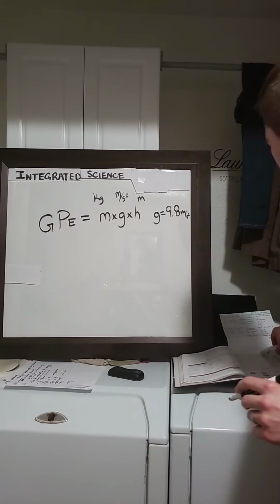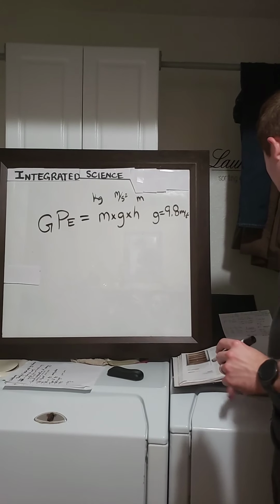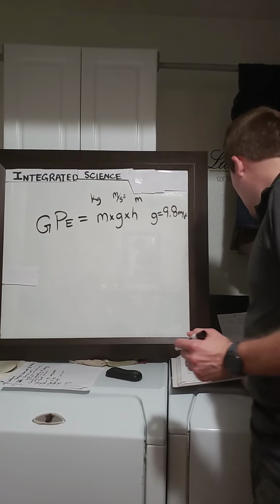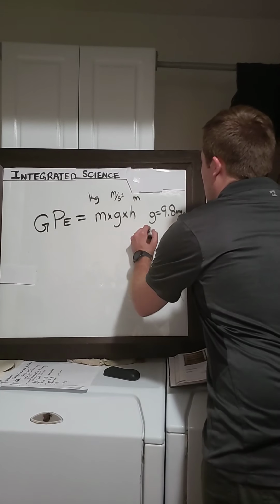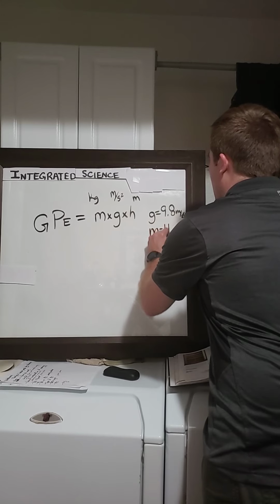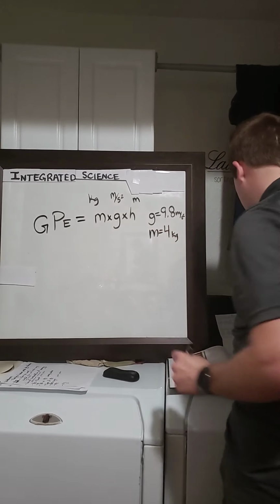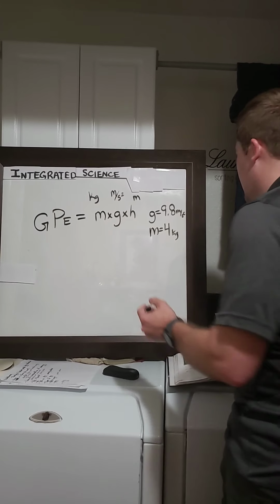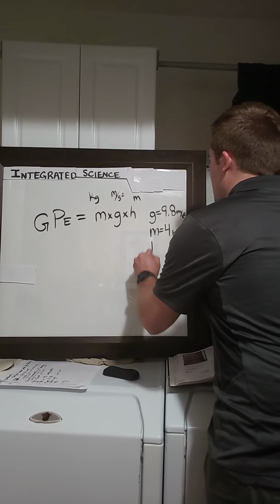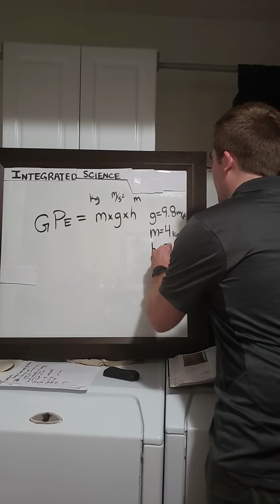And then we're going to do a quick problem on page 119. 119 says a 4 kilogram ceiling fan, so mass equals 4 kilograms, is placed 2.5 meters above the floor. So height is 2.5.